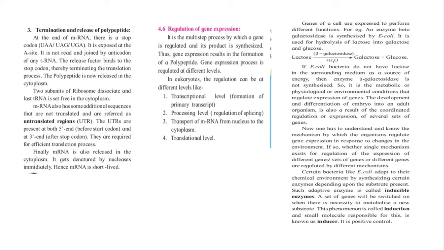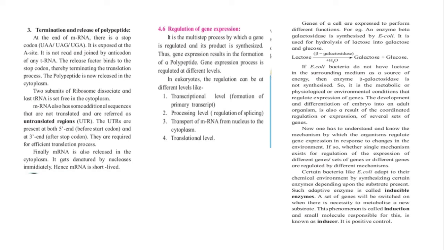Next topic, that is regulation of gene expression. It is the multi-step process by which a gene is regulated and its product is synthesized. Thus, gene expression results in the formation of a polypeptide. Gene expression is regulated at different levels.